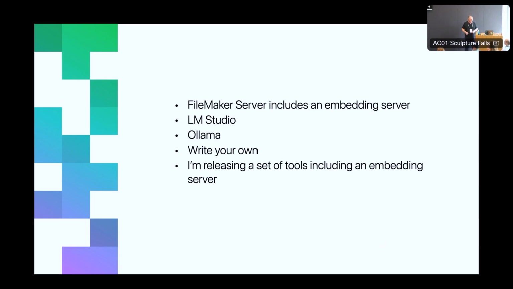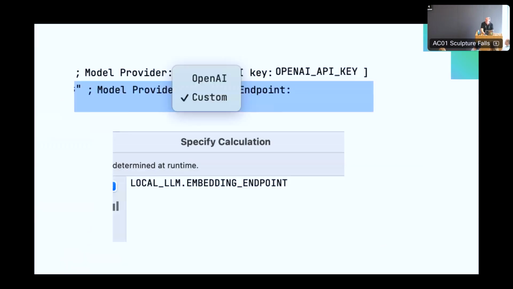So when we are using our config, if we specify custom model when we're configuring it, we need to specify what the endpoint is. In this case, I've used a custom function for that, but that would be the URL pointing to the embedding server that you're using.